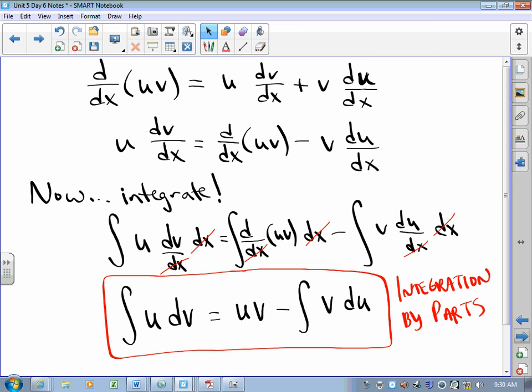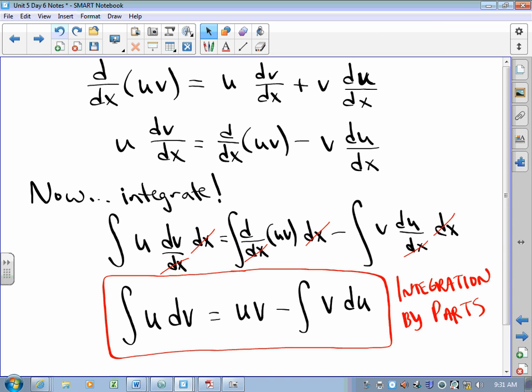It helps us to take one integral that we may not know how to do and express it in terms of some other integral that we might know how to do. The hope is, if we know how to do the second integral, we know how to do the first one. The hope is that the integral of v du is easier to find. The trick is identifying the u part and the dv part.